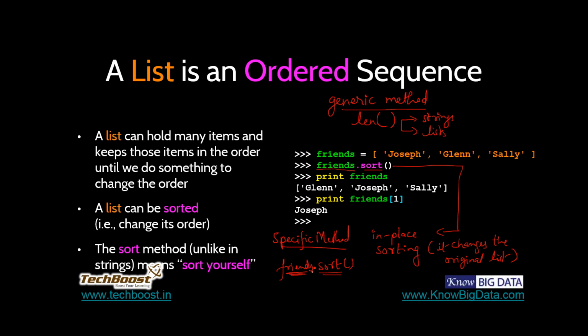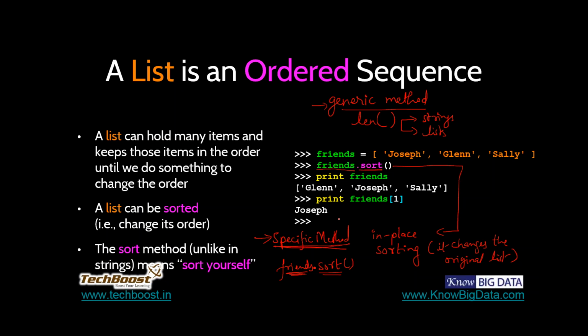Can we sort a list that has not just one type of object, but has numbers, strings and lists? Yes, you can do that, and we'll see how. Is this clear, when I call a generic method and when I call a specific method? So sort is a specific method.